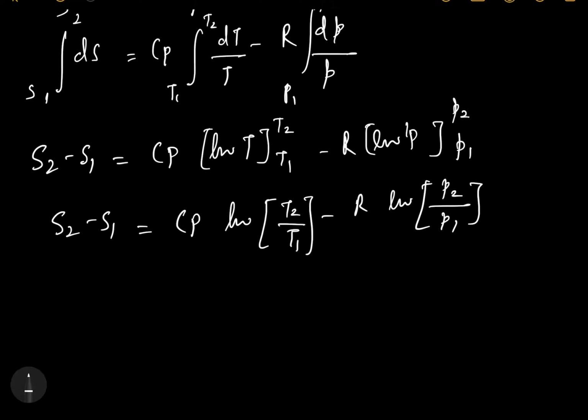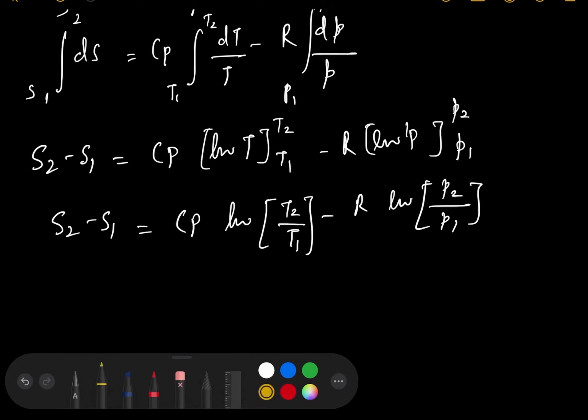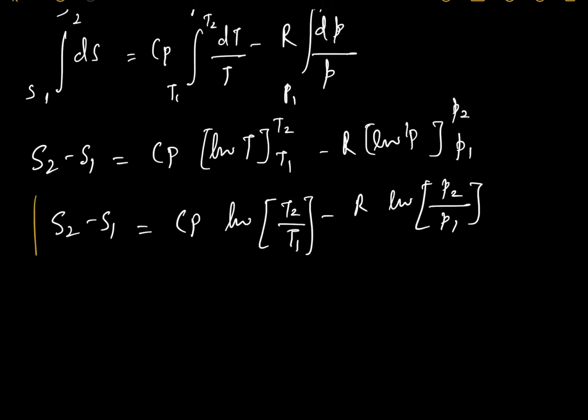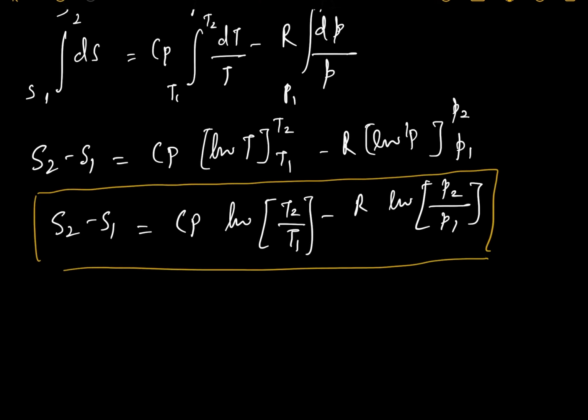So this gives us the net entropy change of an ideal gas which is going from state 1 to state 2.